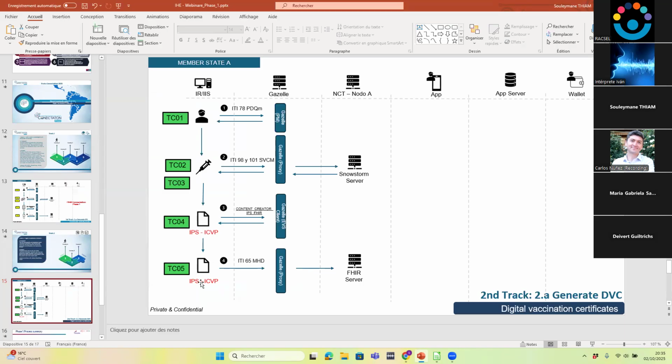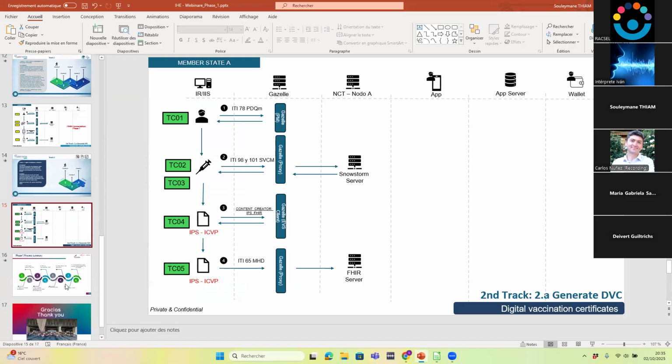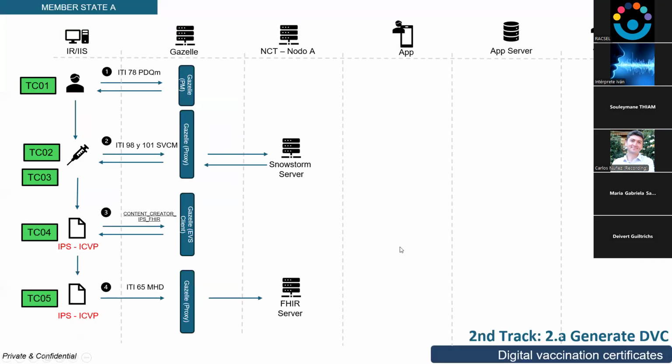Once it's validated, you can push your IPS document to your file server by using the ITI-65 of MHD. So globally, this is the list of the tests for track number 2.